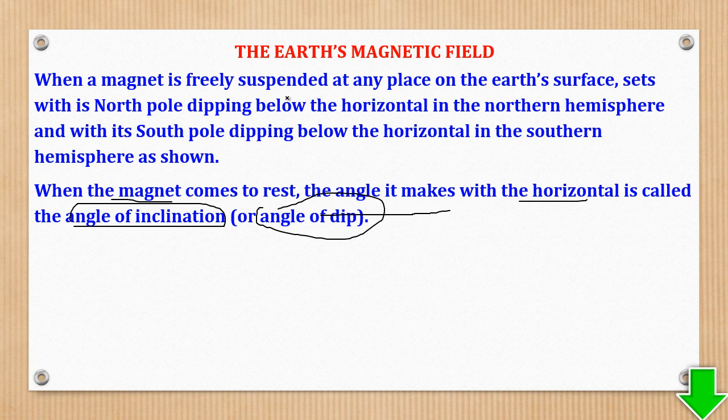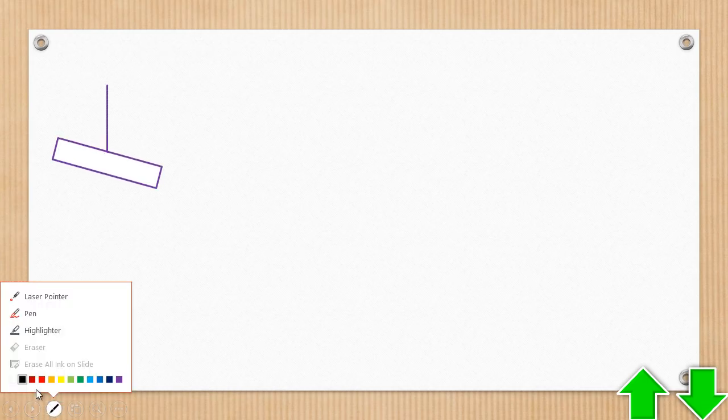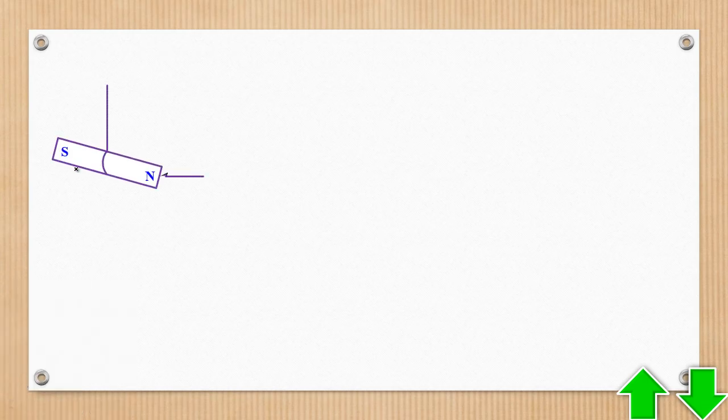Remember, we are under specifications of the Earth's magnetic field, so we shall need those terms: angle of dip, angle of declination, meridians, magnetic and geographical, and all those. So when you get a magnet and you suspend it, in this case it is the north pole which is below the horizontal.